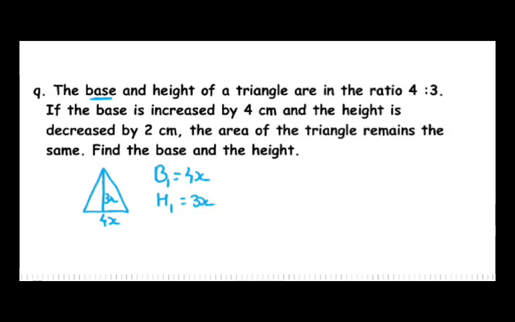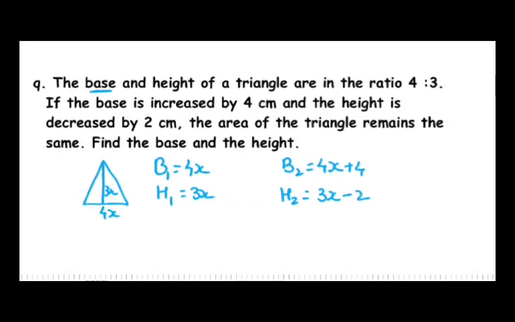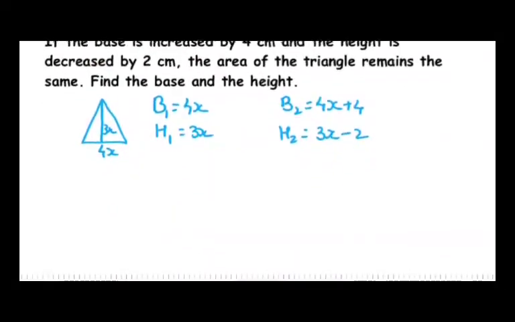So my base 1 is 4x, my height 1 is 3x. Now if the base is increased by 4, so my base 2 will be 4x plus 4, and the height is decreased by 2, that means 3x minus 2. The area of the triangle remains the same.